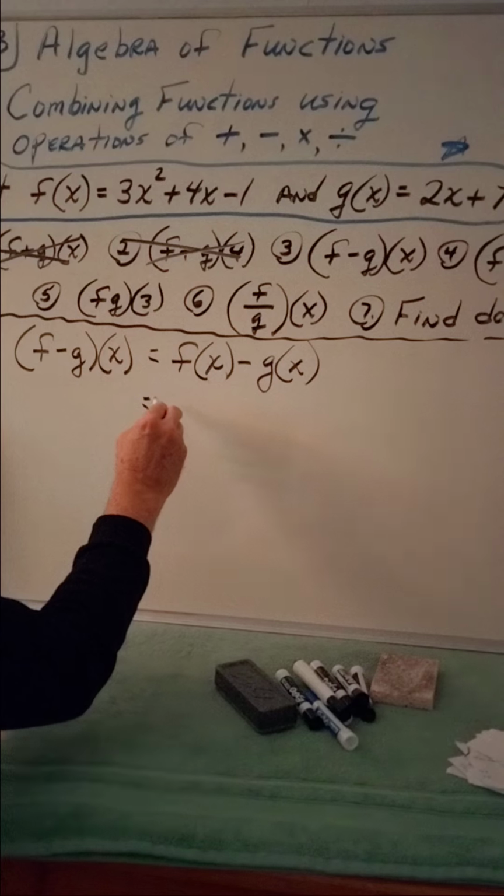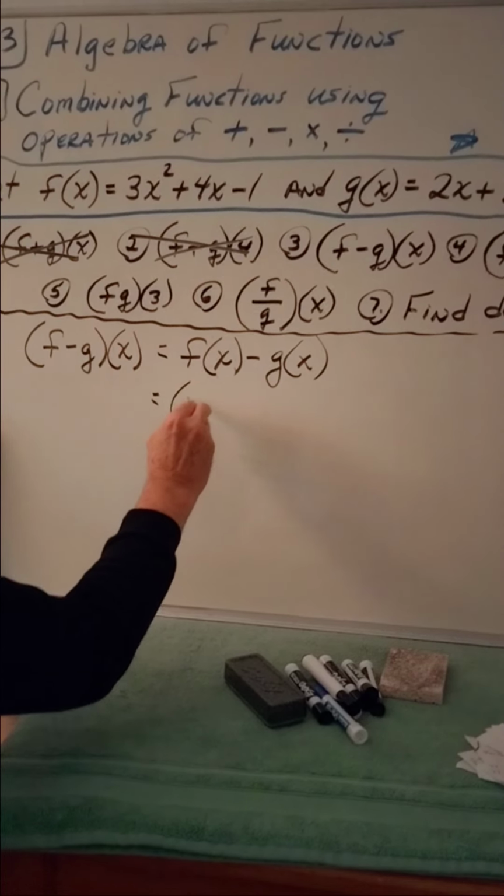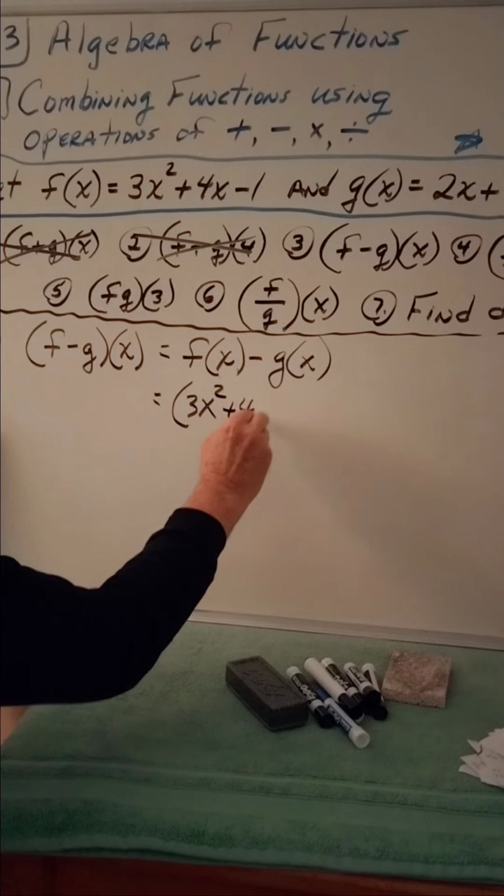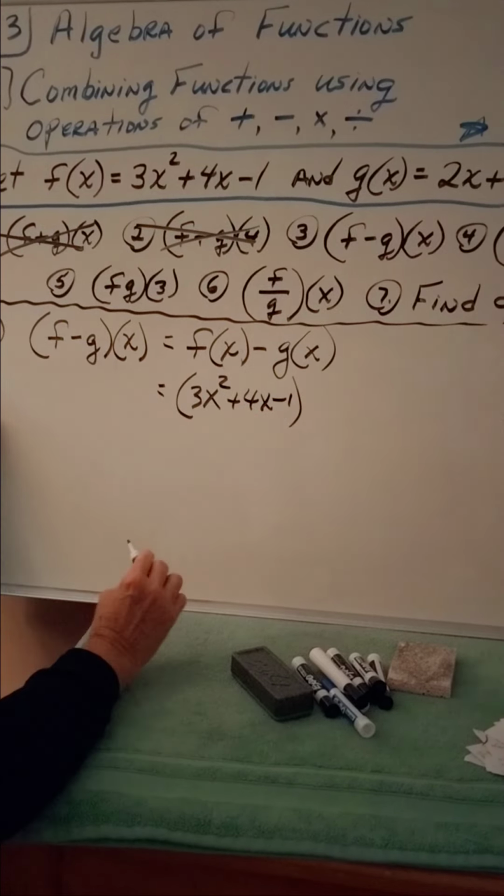You don't necessarily need to tuck it. I'll go ahead and tuck it. 3x squared plus 4x minus 1.